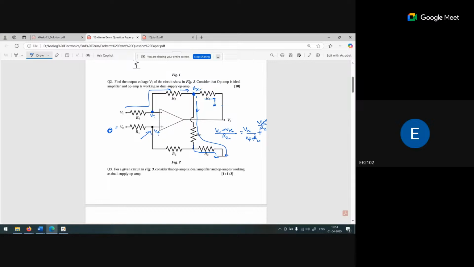Now at this point the voltage is 0. So what is the output voltage?